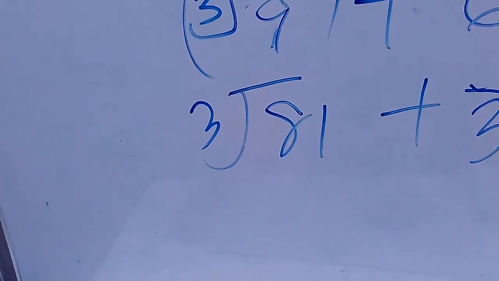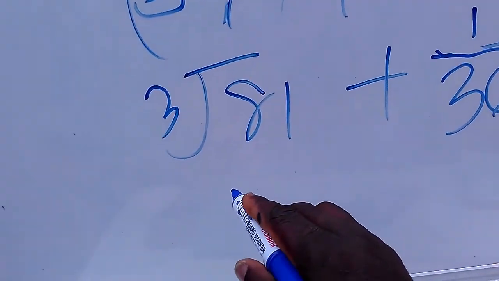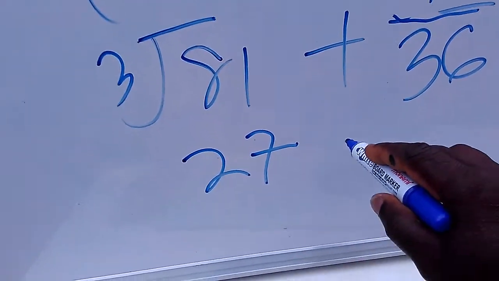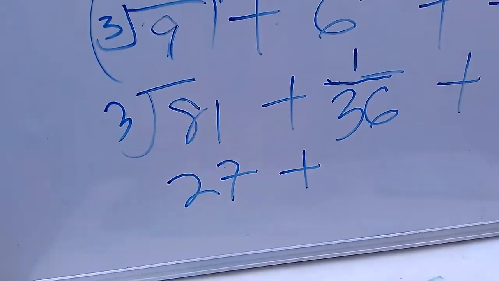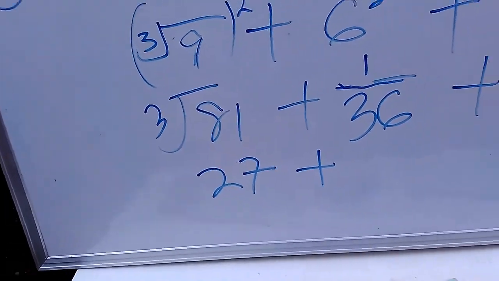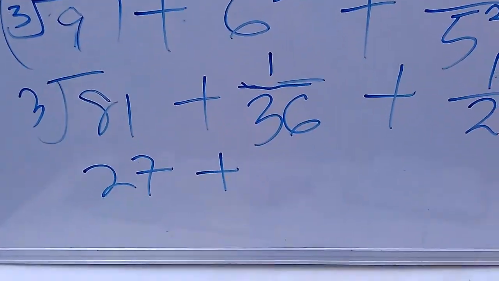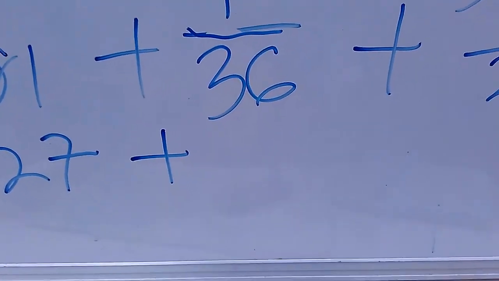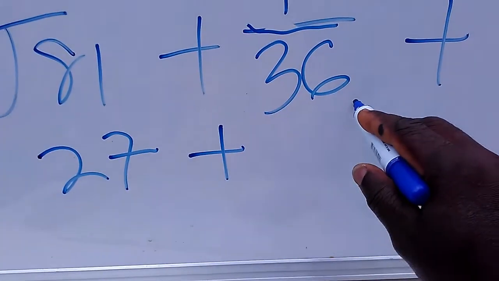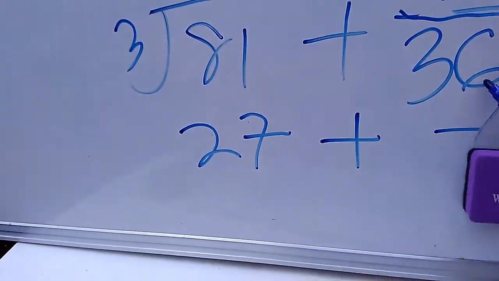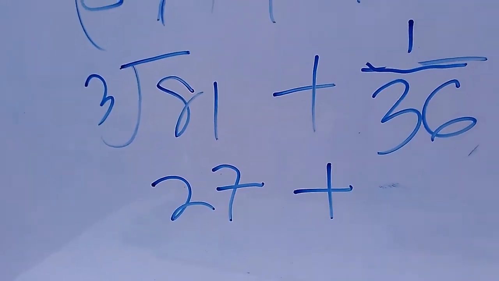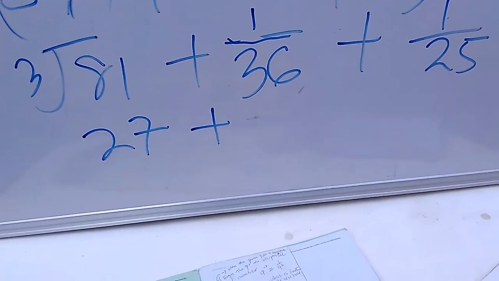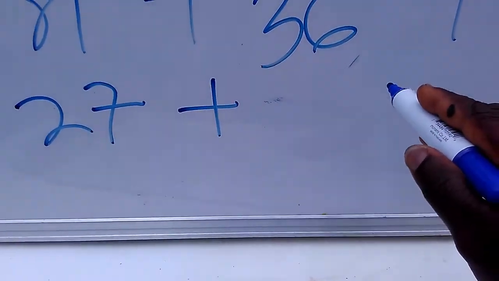So the cube root of 81 is 27, plus 1. Now we are dealing with fractions.